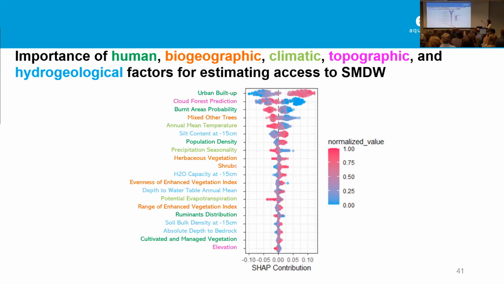Here we can see, so basically the color shows if the values which are contributing to a prediction are low or high. So the most important features here, which were picked up, were urban built-up area. And we can see as an example, higher urban built-up means it contributed to higher estimates of safely managed drinking water.